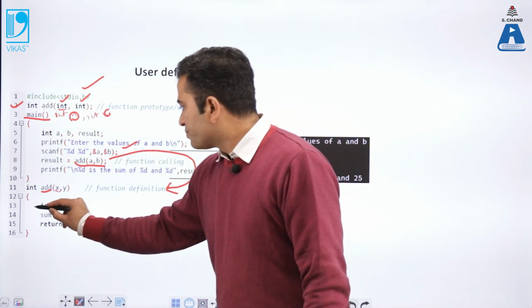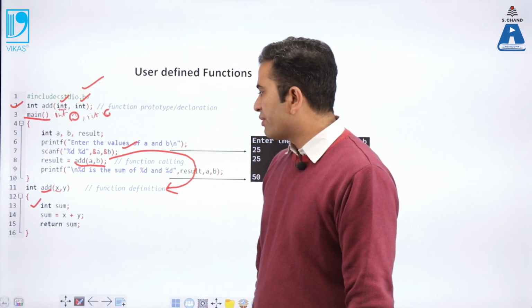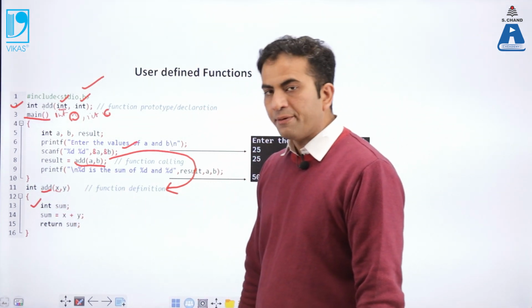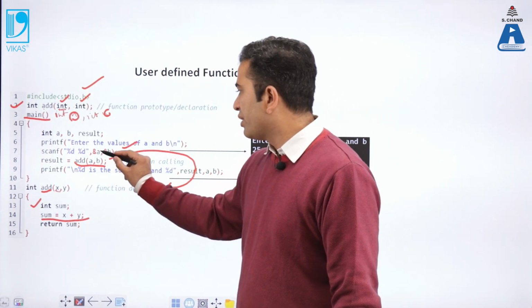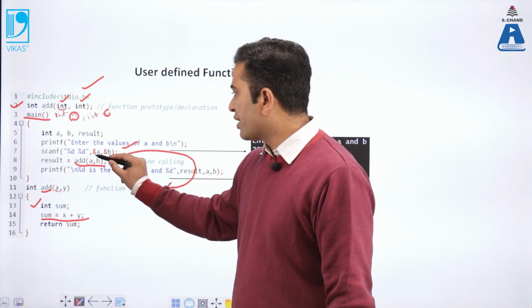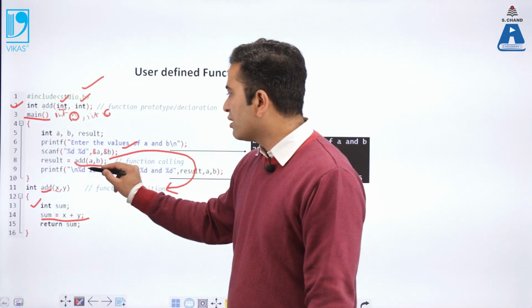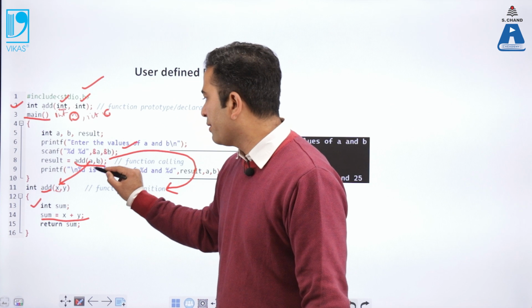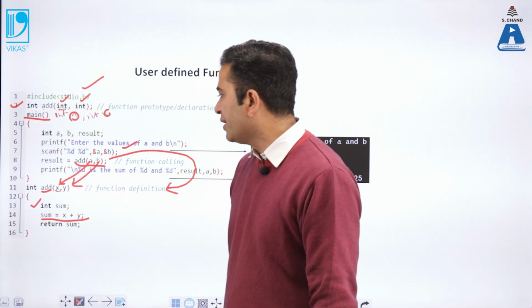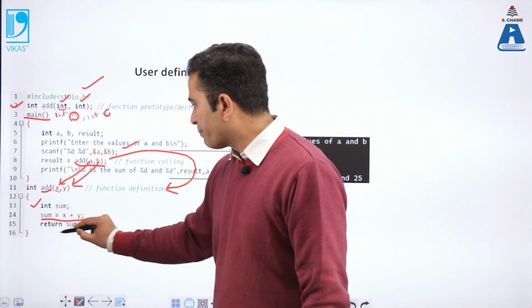So now inside the definition, we have declared sum, which is of integer type, and sum equal to x plus y. Whatever the values of a and b are, the value of a passes to the variable x and the value of b passes to the variable y, and the sum happens.